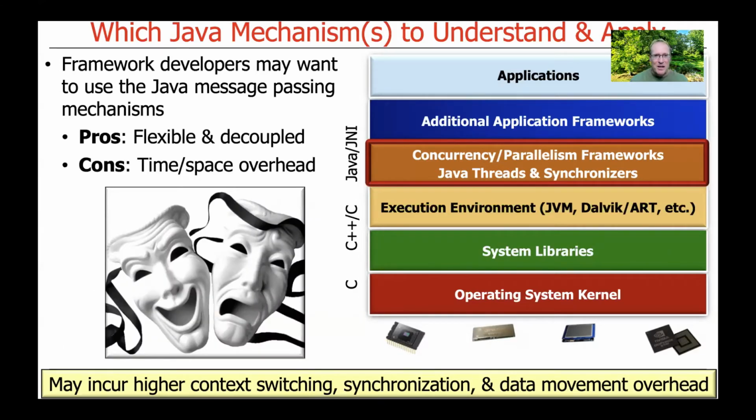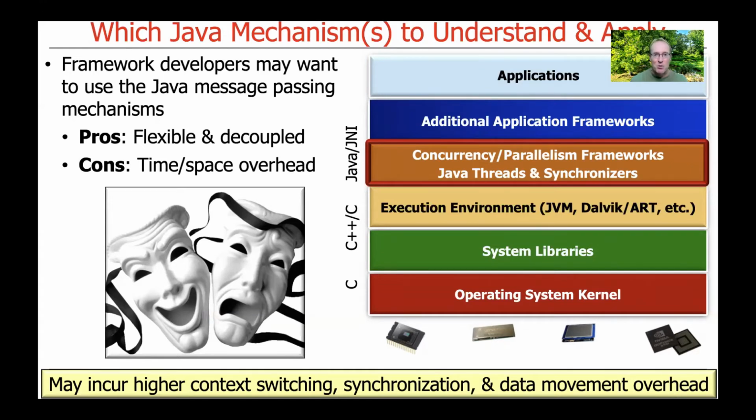The good part about message passing is that it's very flexible, it's very decoupled. Producers and consumers don't have to interact directly. You oftentimes don't require the use of low-level synchronizers like mutexes or semaphores or condition objects. You just create a message in one thread, put it in a queue, and one or more threads will pick that message up and do something with it.